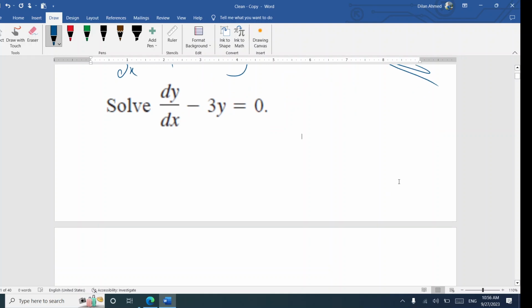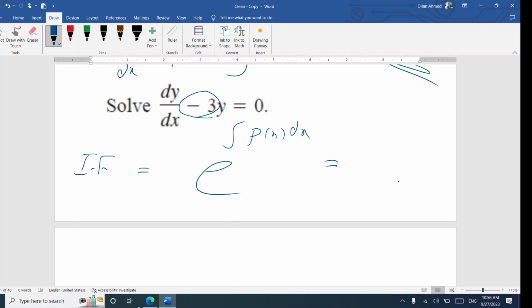So tell me, is it in the standard form or not? Yes. Good. So we need to find the integrating factor, IF. What's the integrating factor? It is e to the power of the integral of P of x dx.